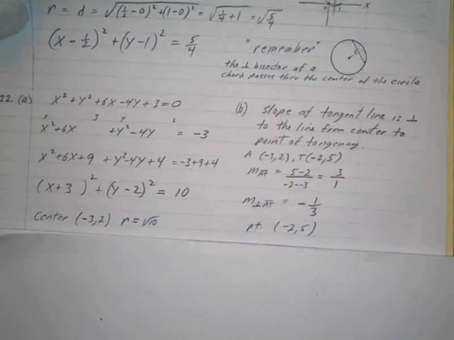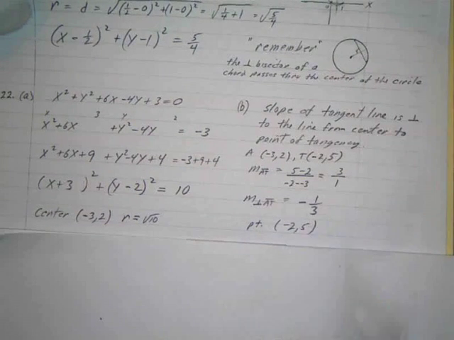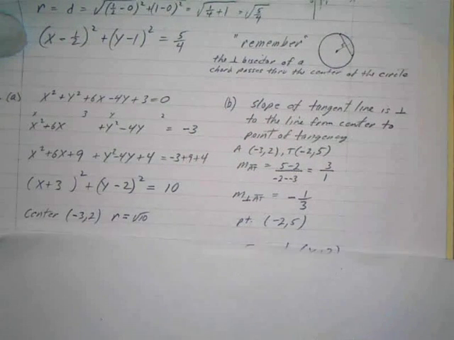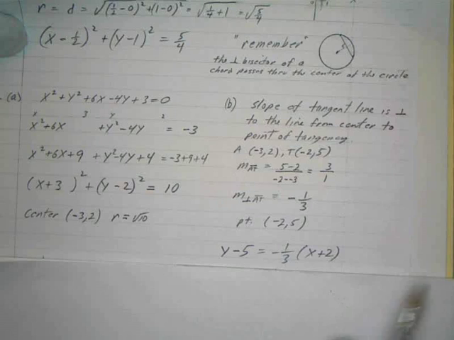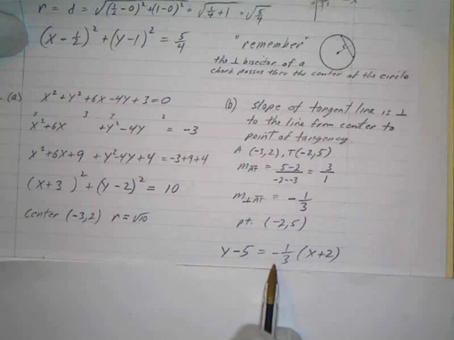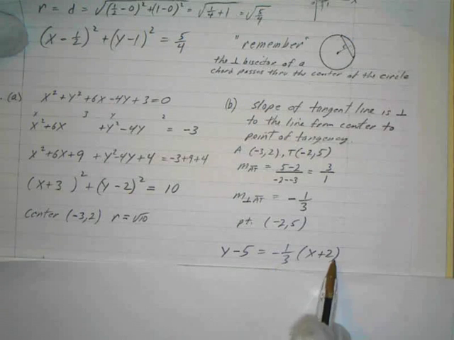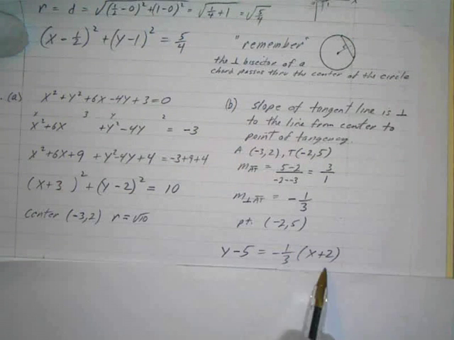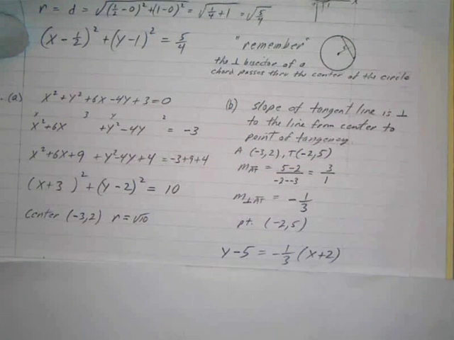But again, we've got a point and we've got a slope, so we can find the equation of the line. So I just put that in my point-slope form. y minus 5 equals the slope m times x minus negative 2, which is positive 2. So there's the equation of the line.